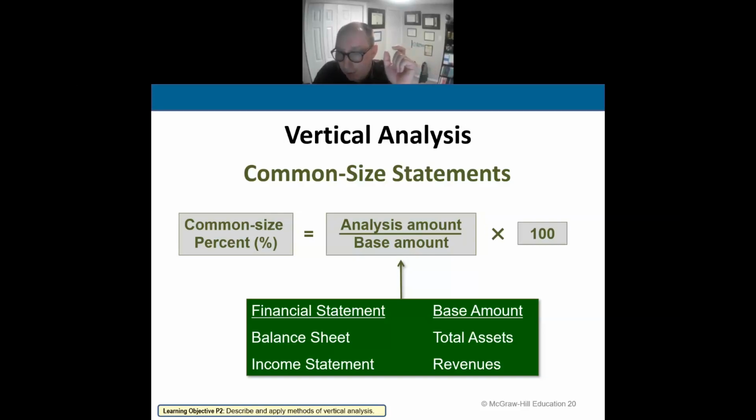So I could go cost of goods sold divided by total revenue. I could go rent expense divided by total revenue. I could do utilities expense divided by total revenue. Every item on the income statement, I do that. And it gives me the common size percentage of everything on the income statement.